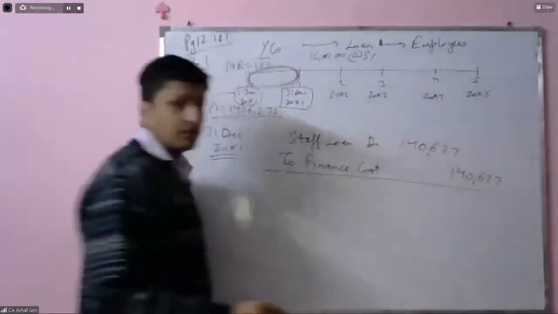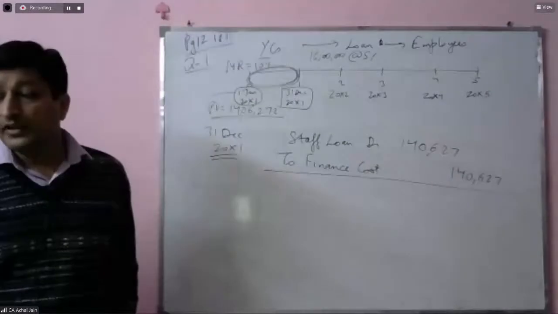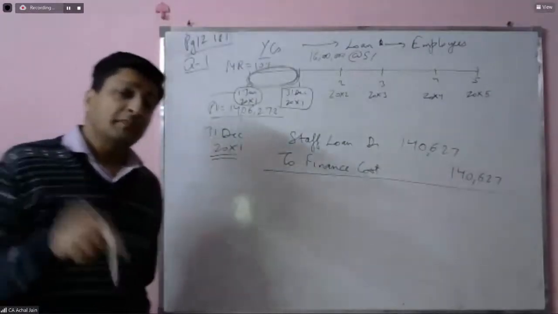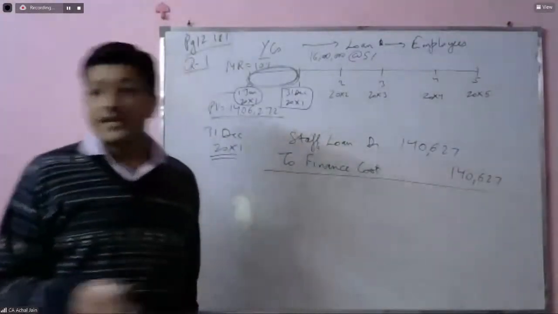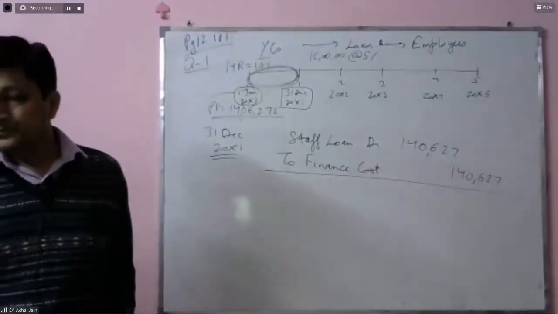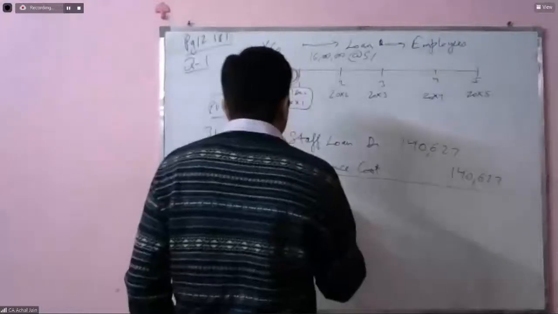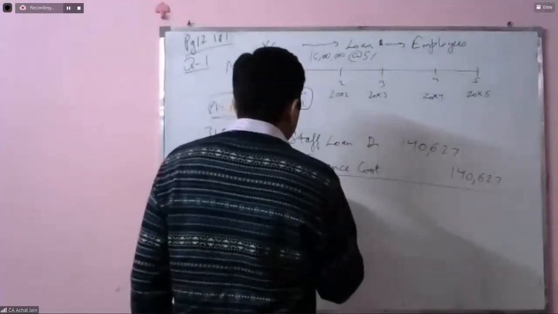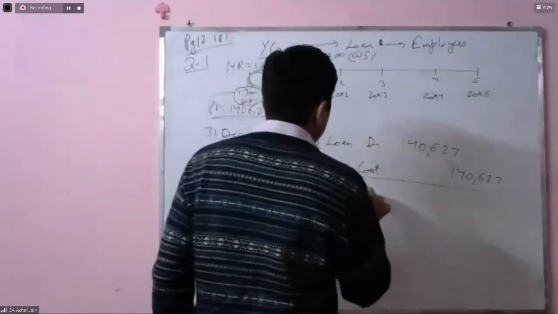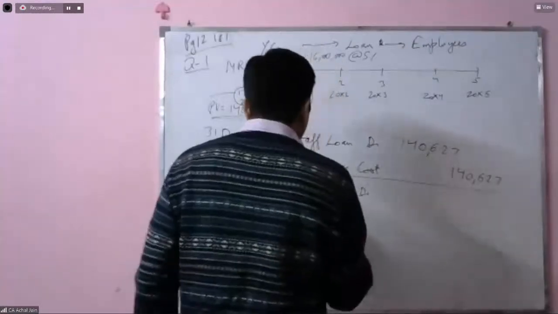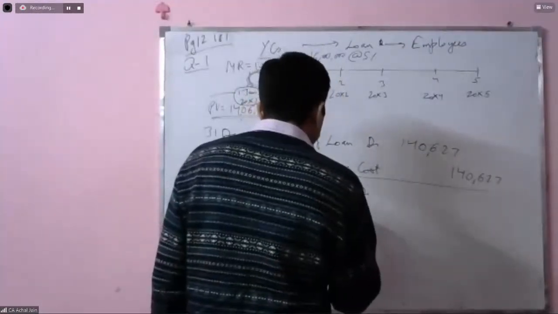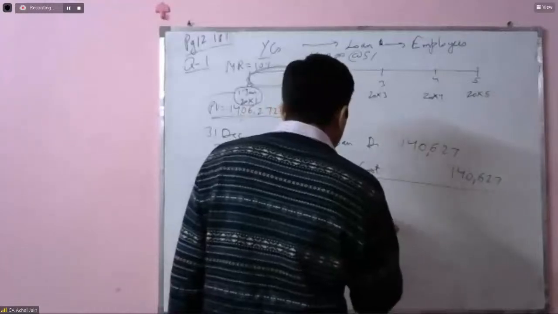And once again, at the year end, what do we need to do? You remember that prepaid staff cost that needs to be amortized equally over the 5 years. So we will debit staff cost and credit prepaid staff cost.